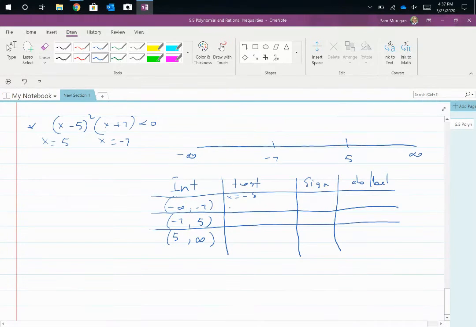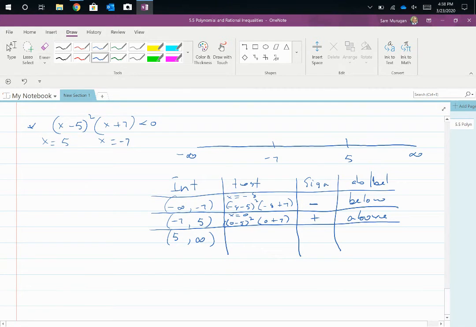Substituting in the original, I have negative 8 minus 5 squared times negative 8 plus 7, which is clearly a negative number, so below. Then I can test a number between negative 7 and 5, say 0. So 0 minus 5 squared, which is positive, and then 0 plus 7, which is also positive, so above.